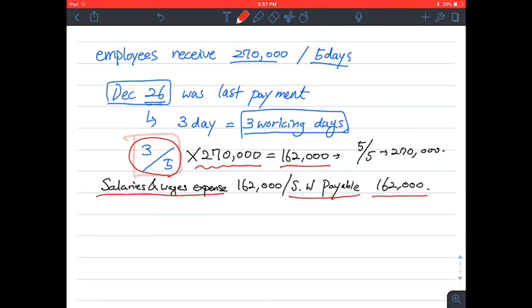So after 2 more days of working, they will be paid, right?